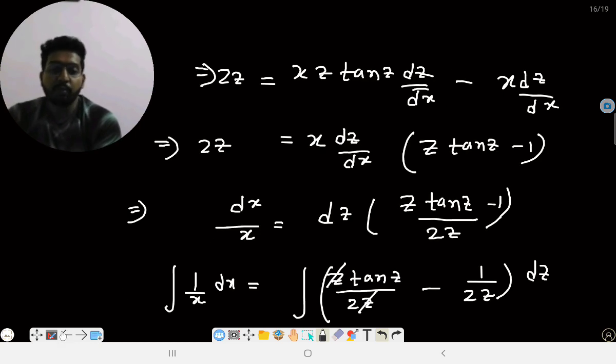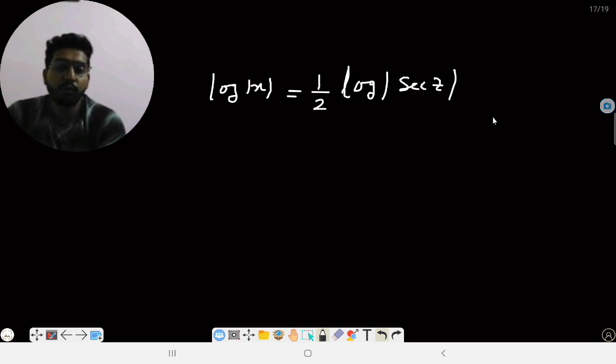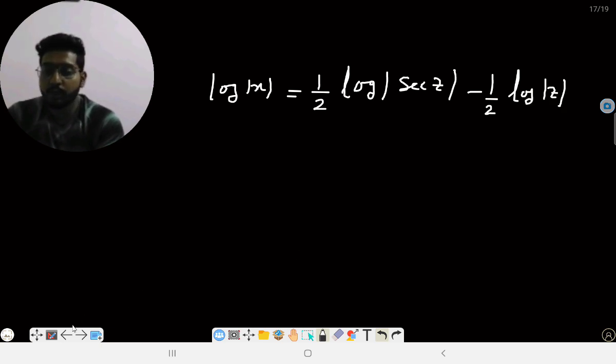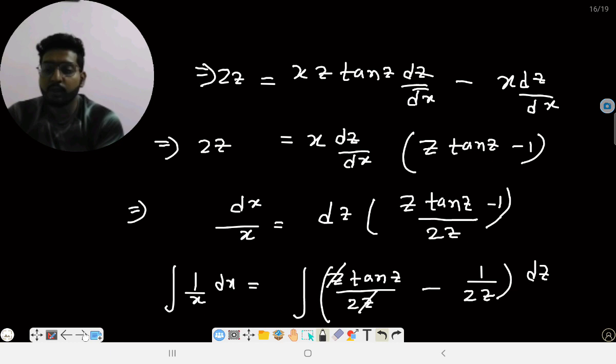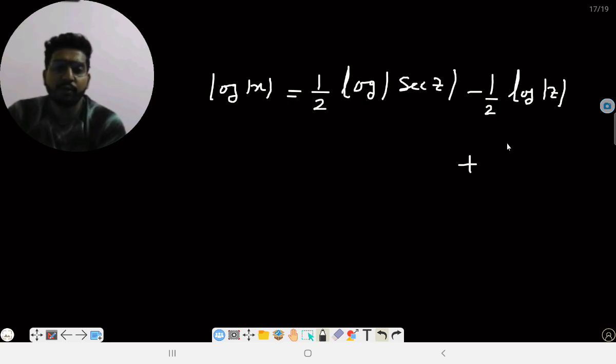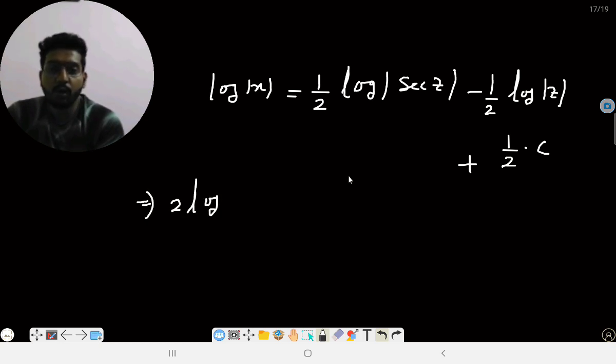And minus half, 1 by z means log mod z here. And the constant, we can take it as half c. Now 2 will be multiplied here, we can take it as log c also, half log c, that means 2 log mod x equals log sec z minus log mod z.